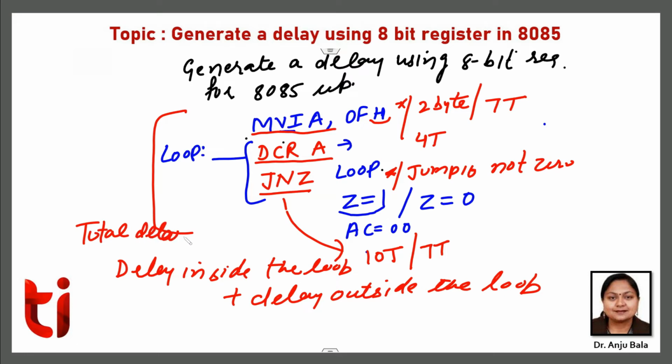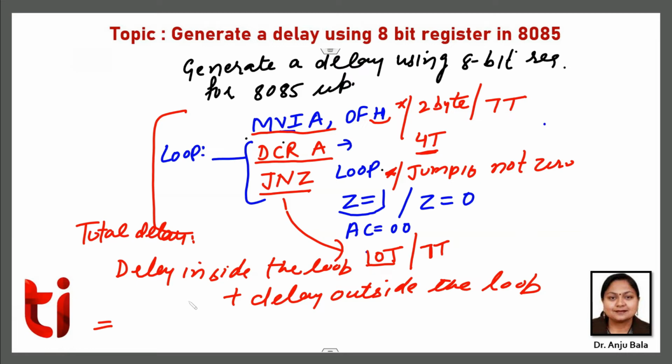So the question is how we can find the delay inside the loop. For this case, we have to count the number of T states. In the first case, the T states is 4. For the second, 10 T states for the jump if not 0 instruction.